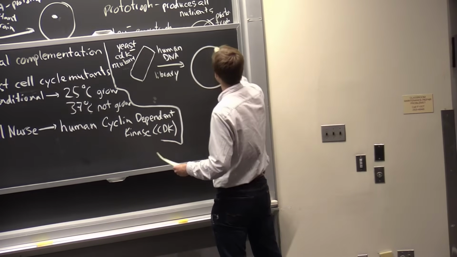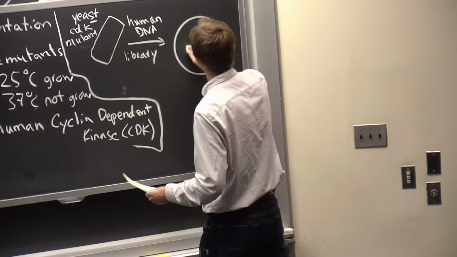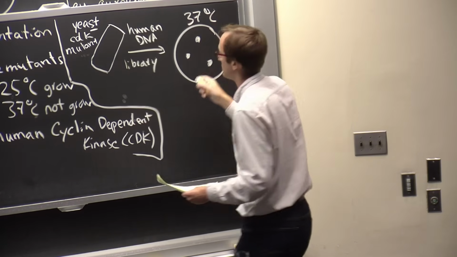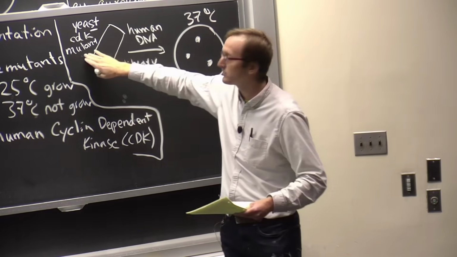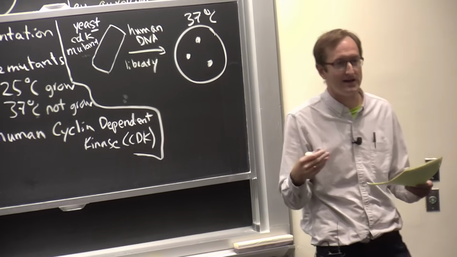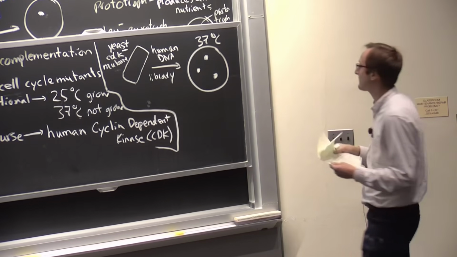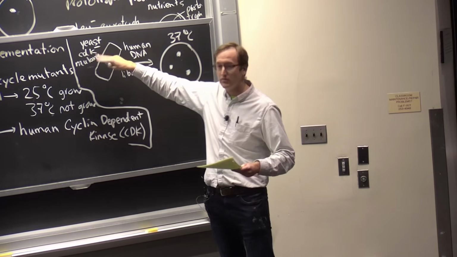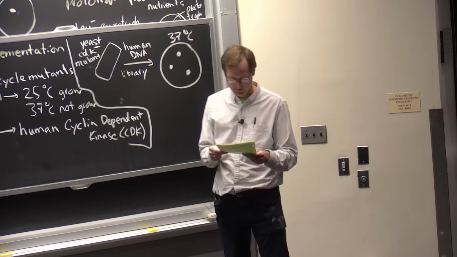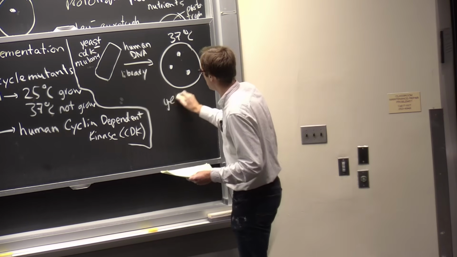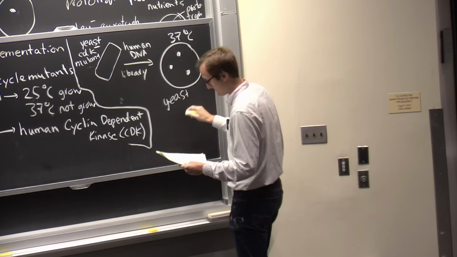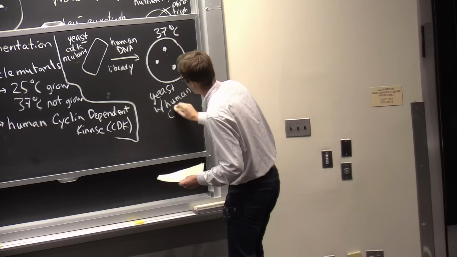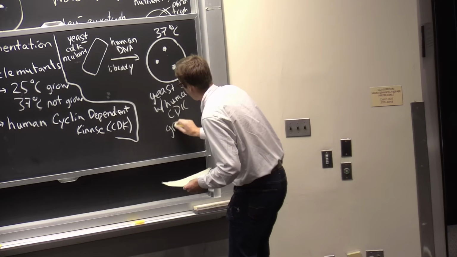Okay? So he then looks for, on a plate, for colonies of yeast that are growing at the non-permissive temperature of 37 degrees. So if you didn't do anything with this mutant, if you didn't transform in the DNA, nothing would grow. But he identified pieces of human DNA that rescued the phenotype of this mutant, okay? And so these are yeast that have the human gene for CDK, and they now grow, okay?